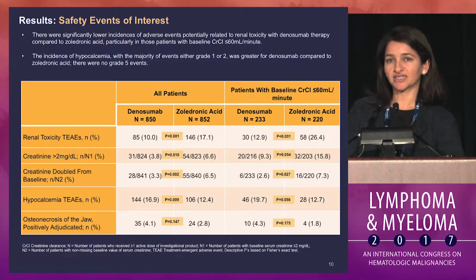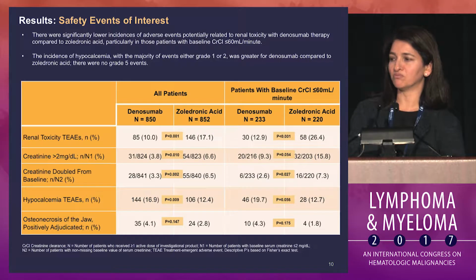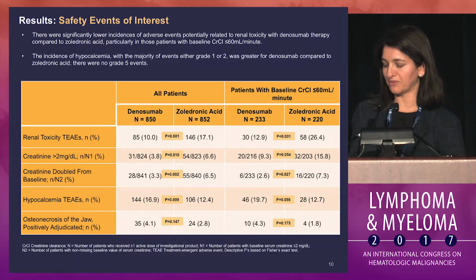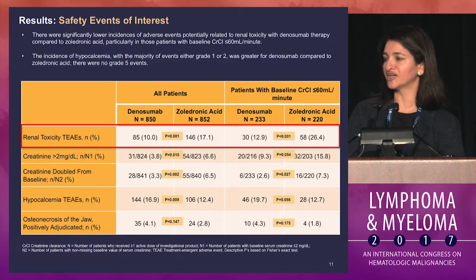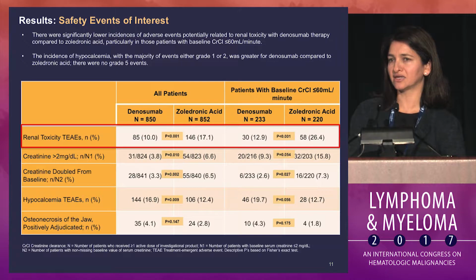Obviously, we also looked at safety, and I'm only highlighting the important safety issues for this economic analysis. What we found here was that in patients, there was less renal toxicity if they received Denosumab compared to zoledronic acid, so that any renal toxicity was significantly lower in patients getting Denosumab. And in patients who had a creatinine clearance of less than 60, there was almost a doubling of renal toxicity in patients getting zoledronic acid.